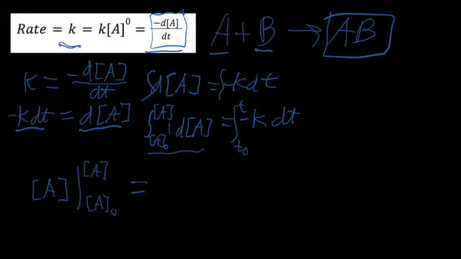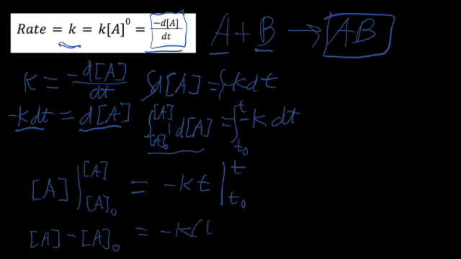So the integral of a constant is that constant times the variable. But of course, this is evaluated from T naught to T. So what we get is that it's the concentration of A minus the concentration of A naught, and that equals negative K times T minus T naught.